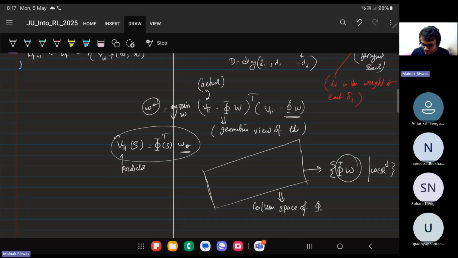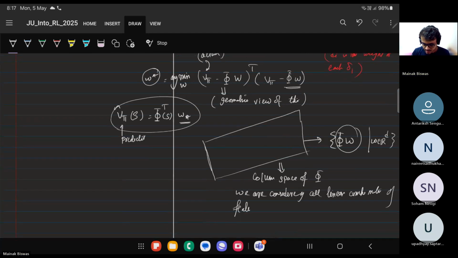That is, we are considering all linear combinations of the features in phi.